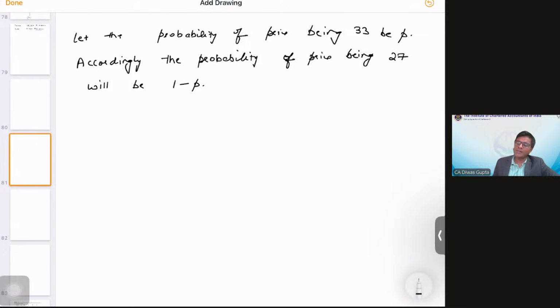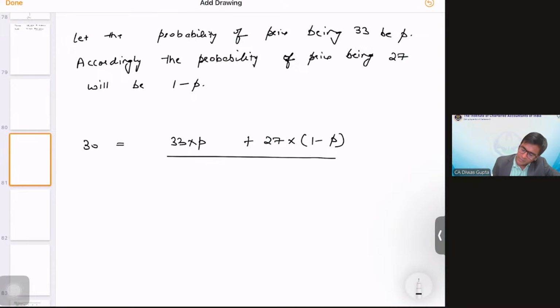Now keeping this in mind, the risk neutral method says that your weighted average price after 3 months will be equal to today's price if you take a present value of it. Which is given by this equation: 30 rupees, which is today's spot price, is equal to 33 multiplied by its probability plus 27 multiplied by its probability, whole divided by 1 plus r percent.